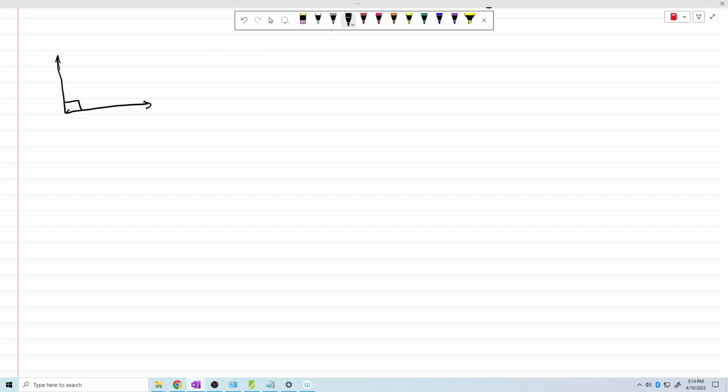Now, a complementary angle, you'll see this a lot on your homeworks, is when you do have a 90-degree angle, but it's split up into two separate angles.